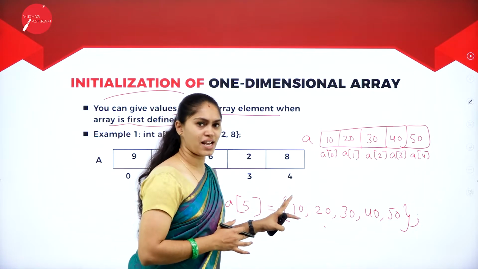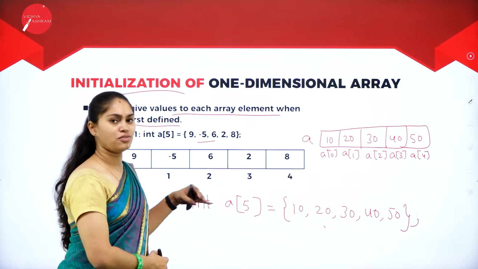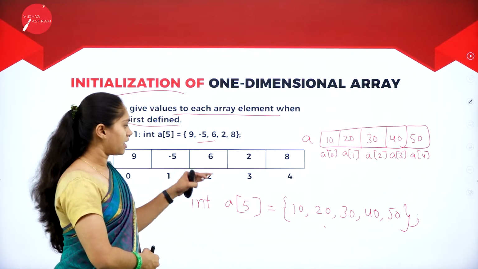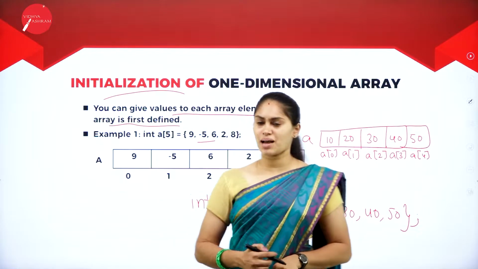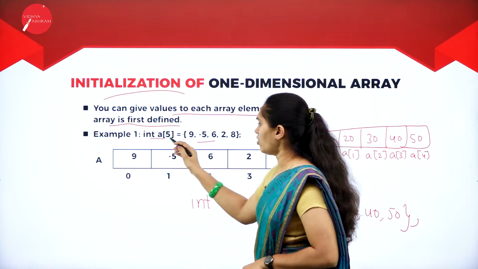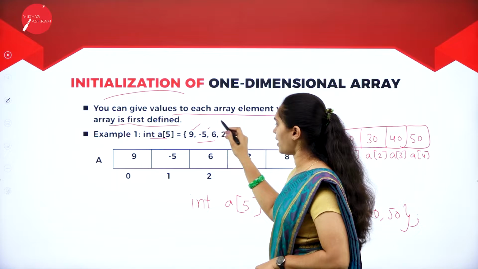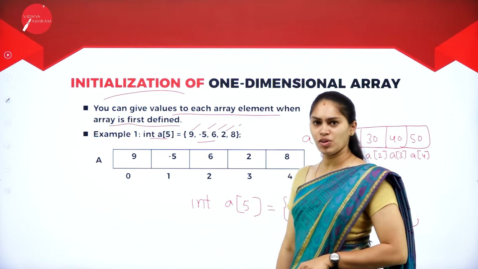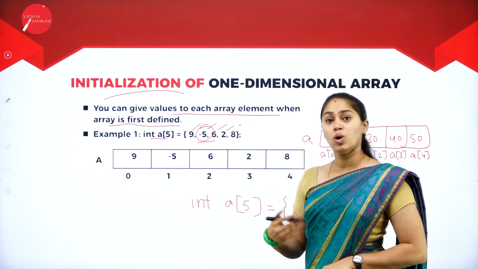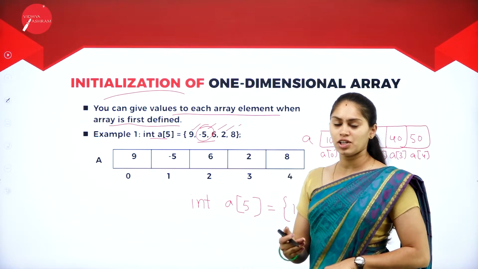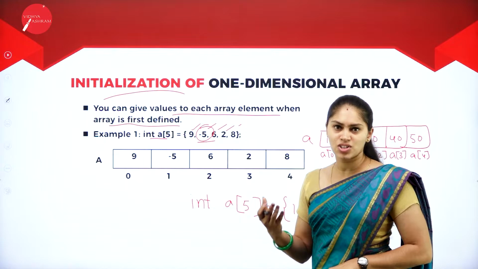This kind of initialization, assigning some value to the array when we are declaring it, will happen. We'll see one more example. Here A of 5 and the elements are 9, minus 5, 6, 2, 8. You can ask why we are taking minus 5. As we all know, a whole number can be either positive or negative, but it should not contain any fractional part.